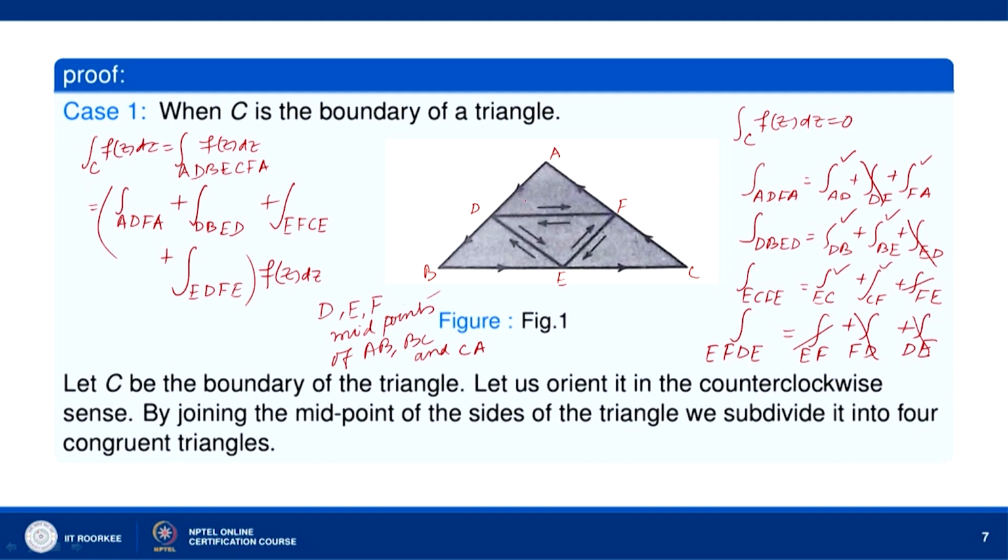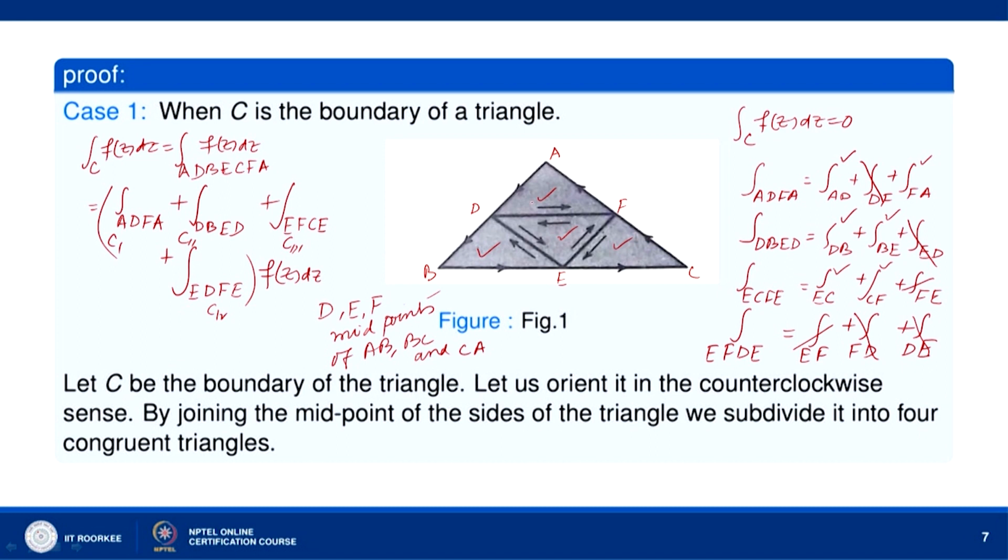And we see that the integral along the path A B C A is equal to the sum over the boundaries of the 4 congruent triangles. Let C be the boundary of the triangle, oriented in the counterclockwise sense. By joining the midpoints of the sides of the triangle, we subdivide it into 4 congruent triangles. Let us name those congruent triangles C 1, C 2, C 3 and C 4.